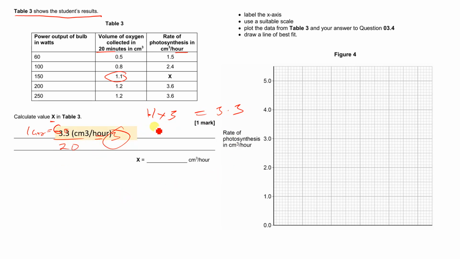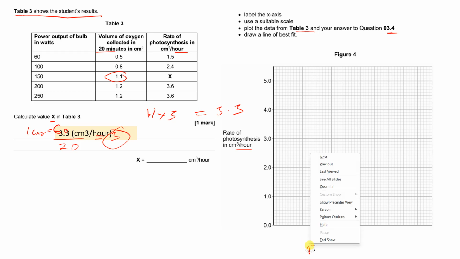That's it in hours. Now use the x-axis, use a suitable scale, plot the data in table 3 and your answer to the previous question. Draw a line of best fit. Rate of photosynthesis is here in centimeter per hour. So all we need is to label our x-axis.